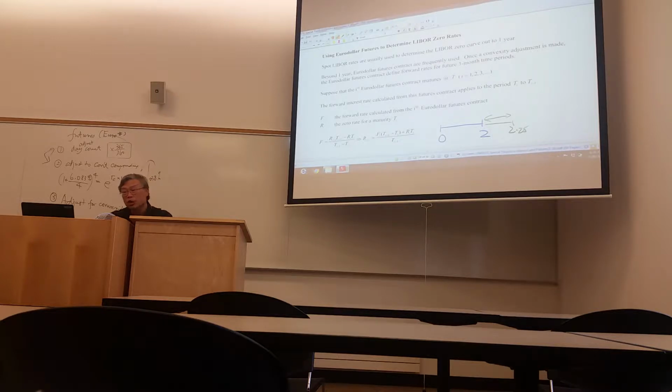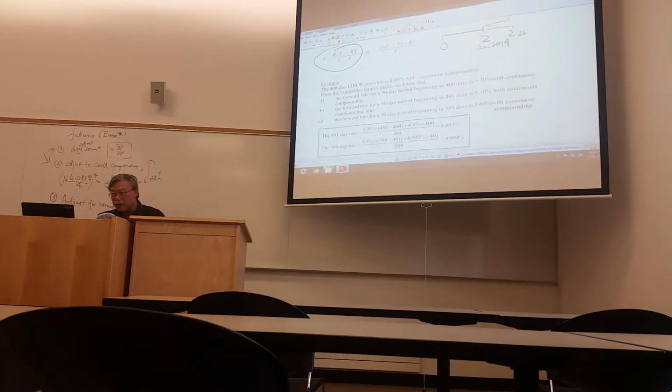So today is May, so let's say you just use the June 2019 contract. That will give you the interest rate for this period. Then of course you do adjustment, because the euro-dollar futures contract only gives you a futures rate. You still do the adjustment to get the forward rate. But once you get the forward rate, you can extend the yield curve using this formula. Is it clear?